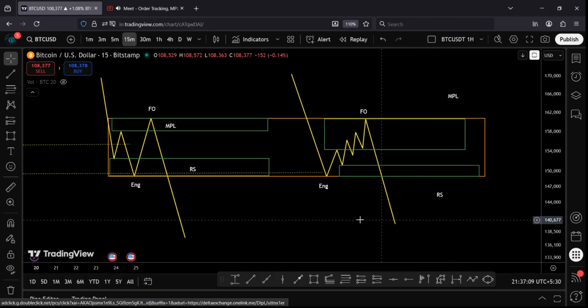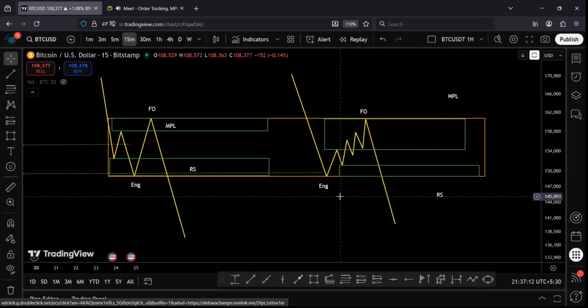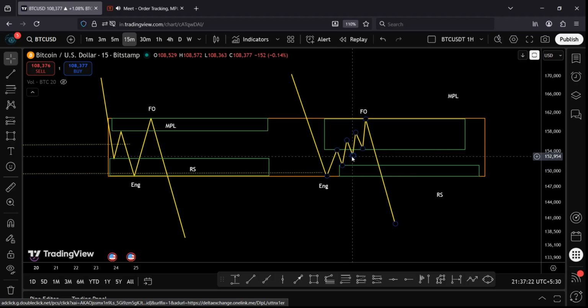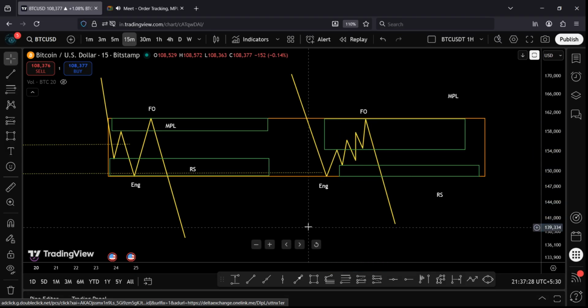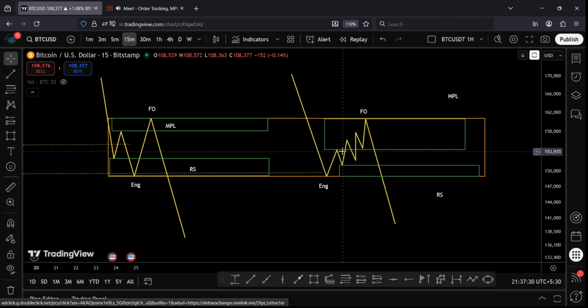But you will have to remember order transfers. Order transfers means this one was the initial pullback. If price came back, this is also a zone now. If price came back till the MPL of this zone, price goes up, causing this high.